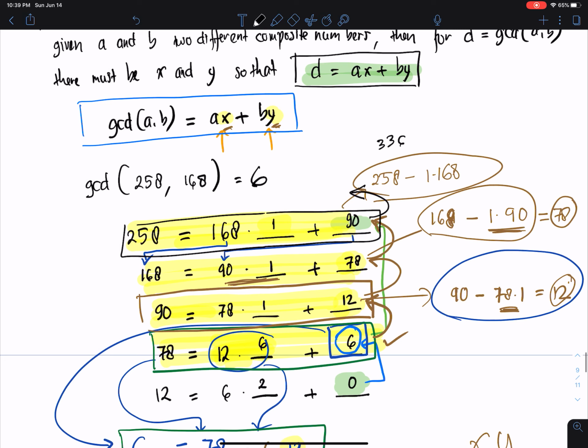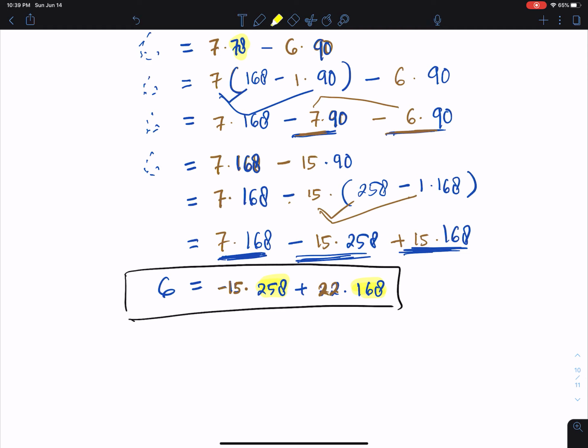So coming back to this one, remember this GCD equals ax plus by. So here, if we write down the Euclidean algorithm, GCD, hold on, let me just write it back. So GCD of 258 and 168 equals 258x plus 168y.